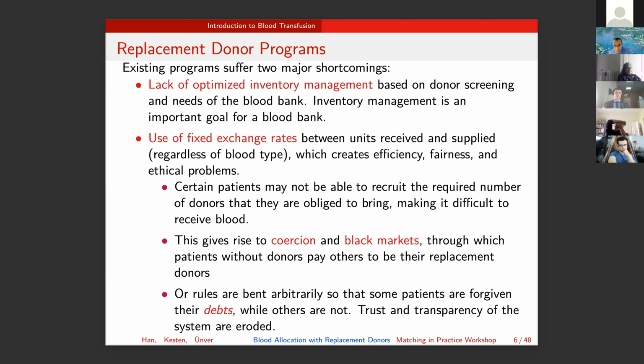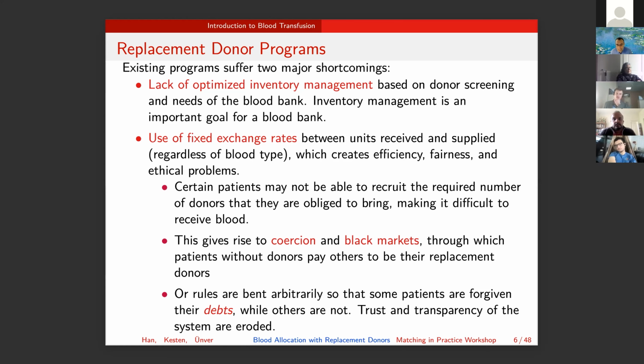Paid donors are usually, in some hospitals, waiting outside, just downstairs. Their health status is clearly questionable. They do this for money. Usually they are in very poor health, and they go downstairs, pay money to the person, and bring the person back upstairs: this is my brother's friend, and now this is my replacement donor.